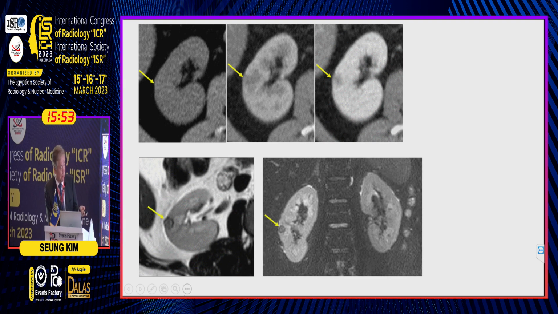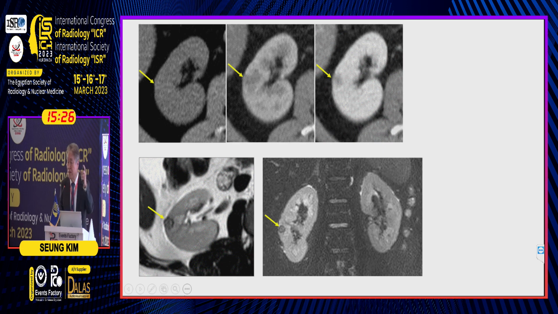In this patient, the mass is here, on T2 weighted images. The signal intensity on this T2 weighted image is not low, it's quite high inside. Also in this patient, peripherally, there is a low signal intensity rim. This finding is very important.